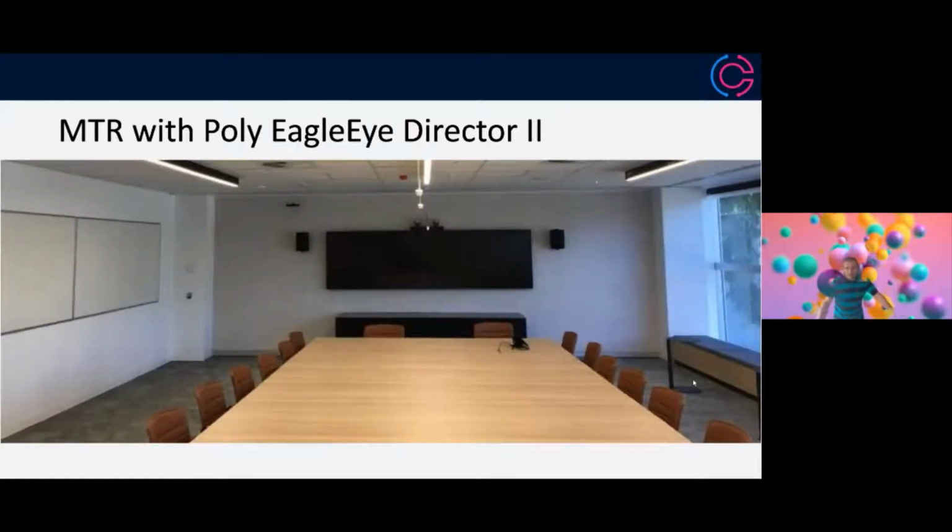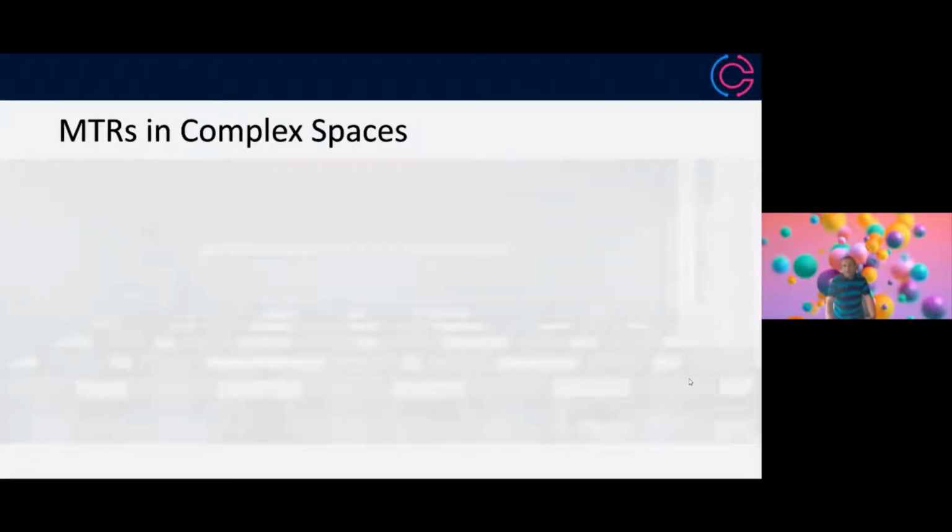Again, you don't have to use just one vendor brand for your MTRs. In this environment, for example, it's a Crestron MTR paired with a Polycom EagleEye Director with certified ceiling speakers and microphones. So you can blend and pick and choose the elements you want to build what we would call complex spaces.